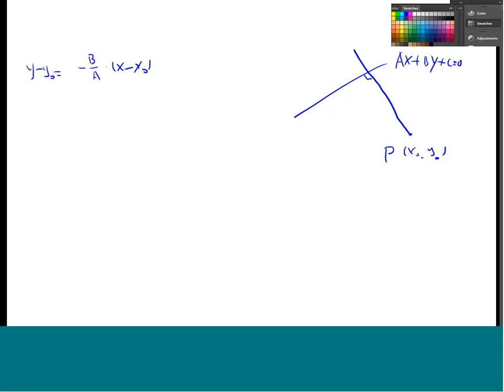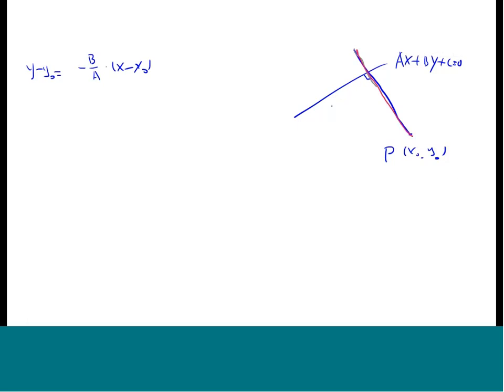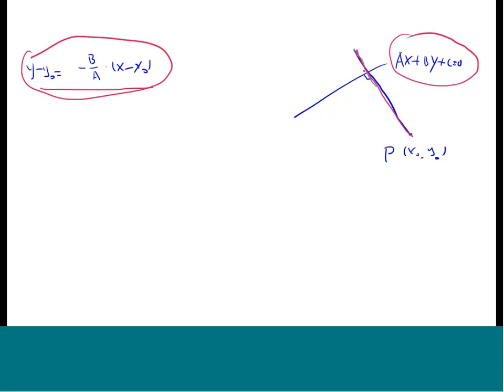Okay, now let me use a different color. That's the line, right? Now you have this line, you have this line. Then you can solve the intersection point, say x2, y2.